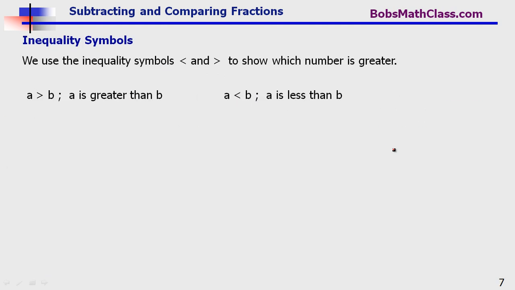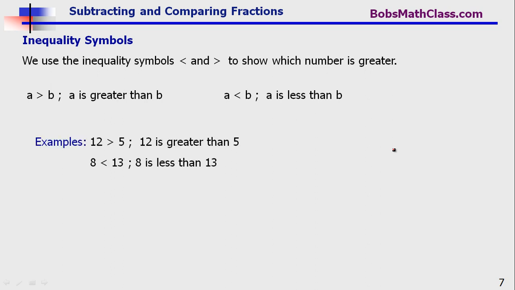Inequality symbols. We use these inequality symbols, the less than and greater than, to show which number is greater, or less, we could say that. So the first one, we have A is greater than B, and the one to the right is saying A is less than B. Here are some examples.